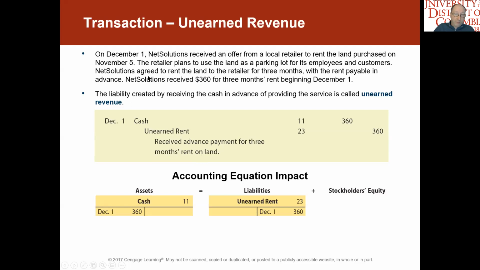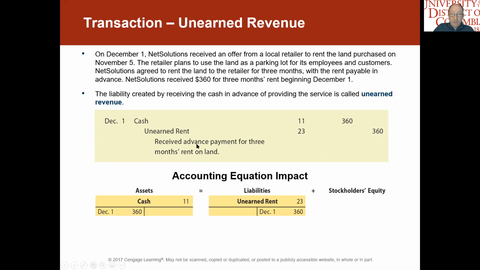So on December 1st, we record the transaction for unearned revenue. In this case, unearned rent is the same as unearned revenue. It's just a different accounting. So December 1st, we received cash for $360. Cash, as you know, is account number 11. Our unearned rent account is account number 23 for $360.